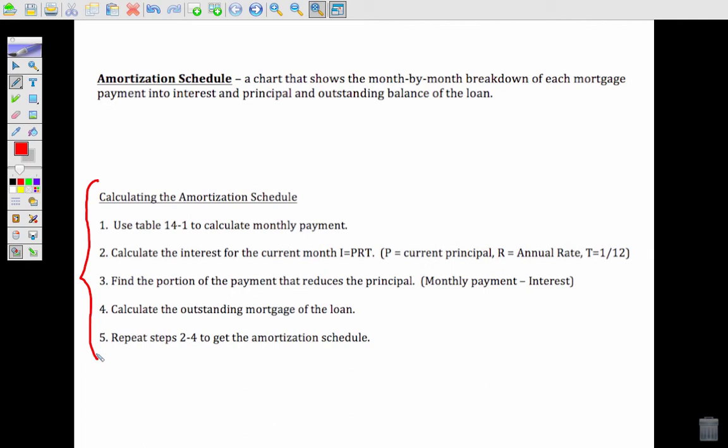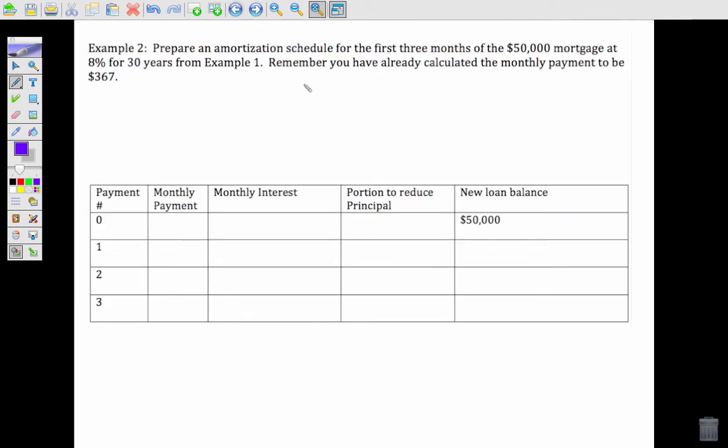We are going to advance to our first example where we actually fill out an amortization schedule. Example 2 says prepare an amortization schedule for the first 3 months of a $50,000 mortgage at 8% for 3 years. This is the same example that we just did in example 1, so we already know our monthly payment is $367.